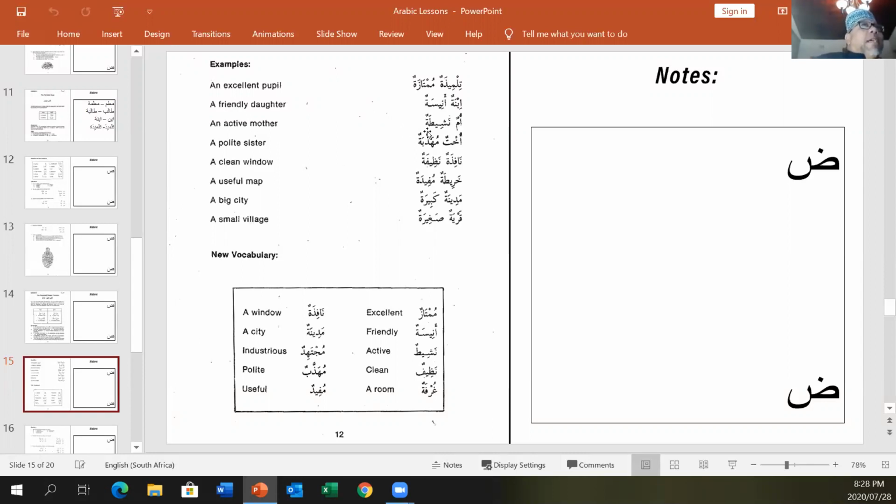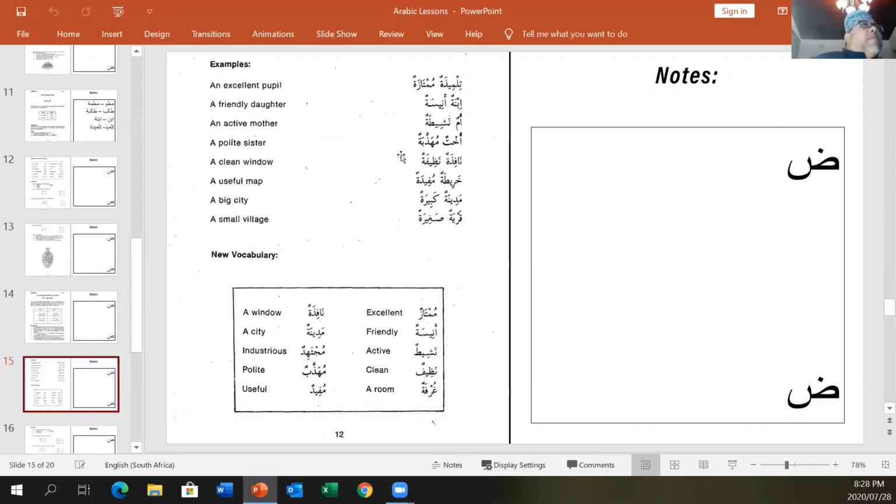And if you must say it is an active father, how would you say it? Abun nashitun. Abun nashitun, yeah. Okay. Ukhtun muhadhabatun. Muhadhabatun is polite. So it is a polite sister.